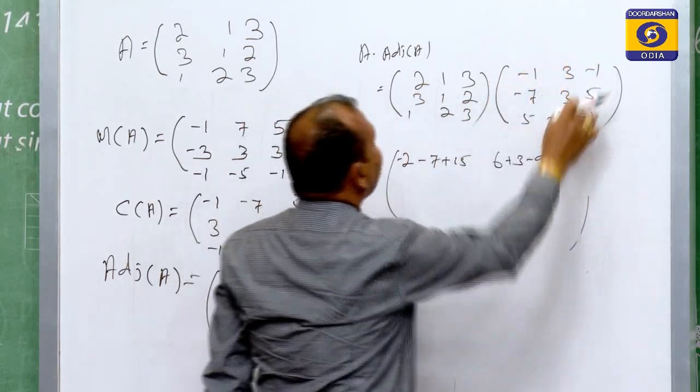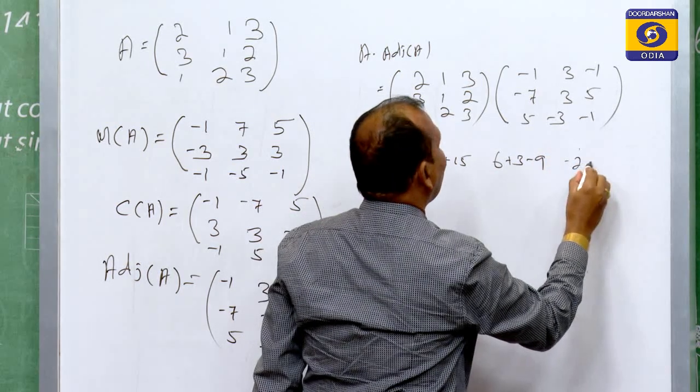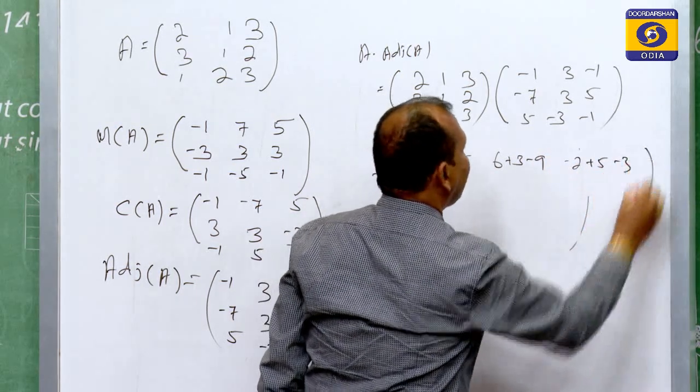The third column entry becomes minus 2 plus 5 minus 3.